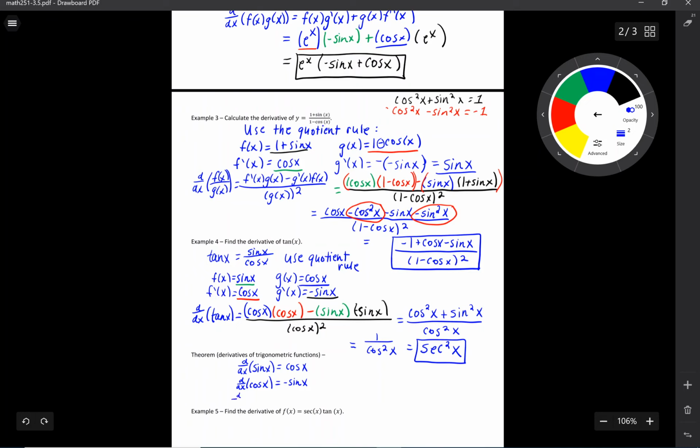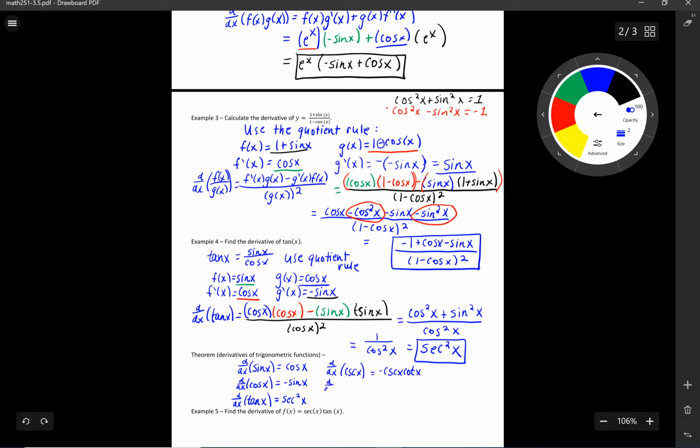The derivative of tangent x we just found to be secant squared of x. And then we have 3 more. The derivative of cosecant is equal to negative cosecant x cotangent x.